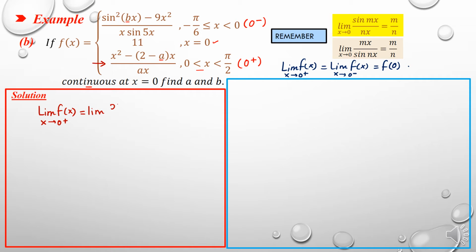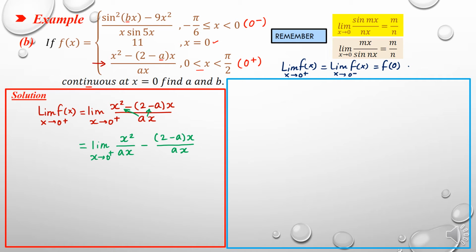here we have 0 from right, which is limit x squared minus 2 minus a multiplied by x divided by ax when x goes to 0. And this equals, now you have to distribute ax for both terms in the numerator, and you will get limit x squared over ax minus 2 minus a multiplied by x over ax when x goes to 0 from right.